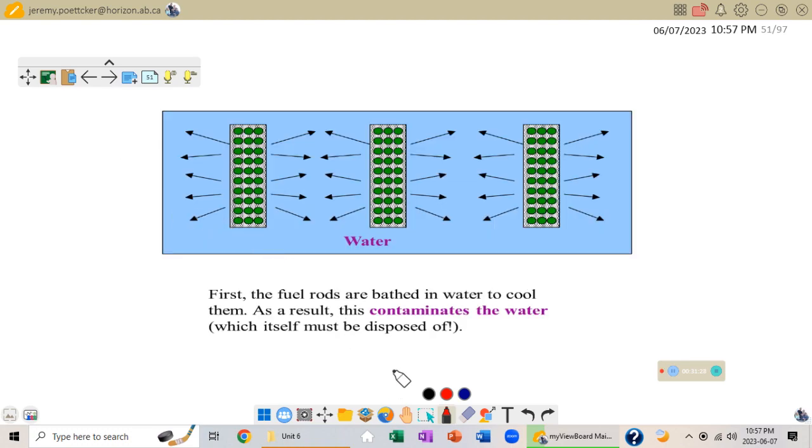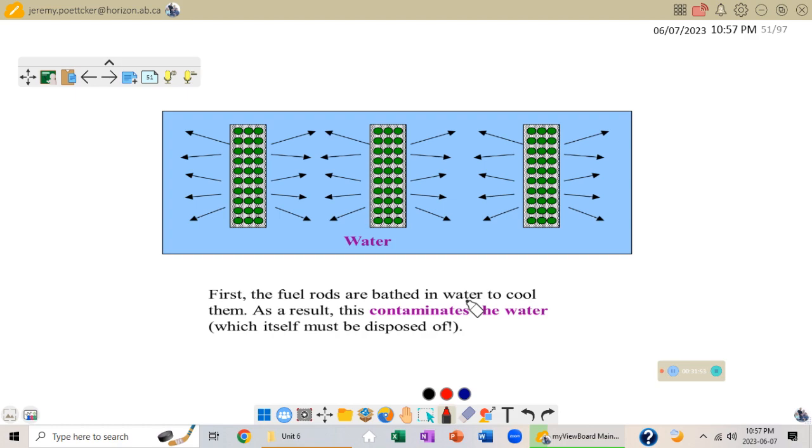first, the fuel rods are bathed in water to cool them. So they're stored in what looks sort of like swimming pools. I read a what-if kind of story about, like, could you swim in that pool? And apparently, yes, divers do all the time to service the rods. However, could a random person from the public swim in that pool?